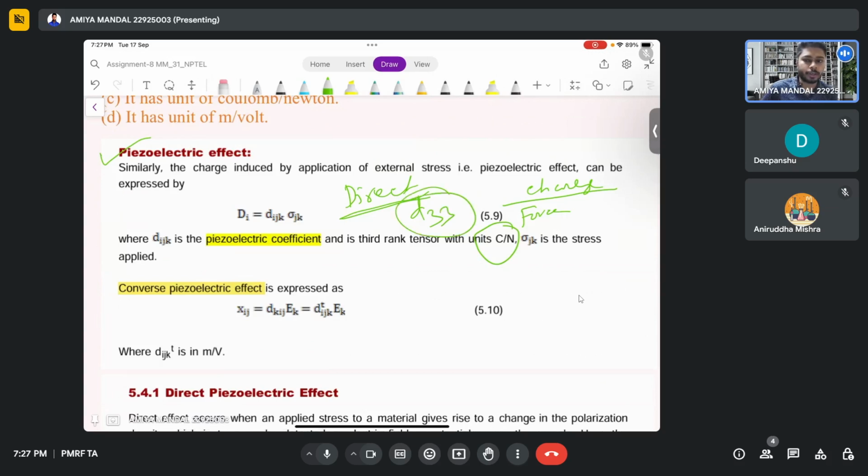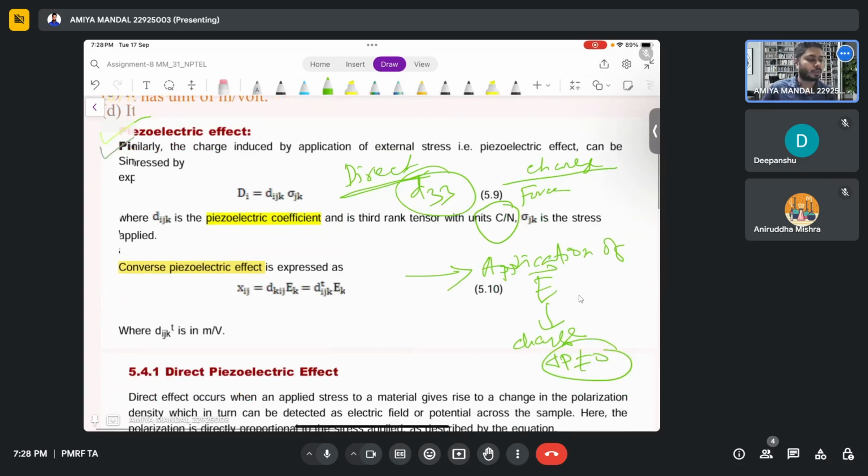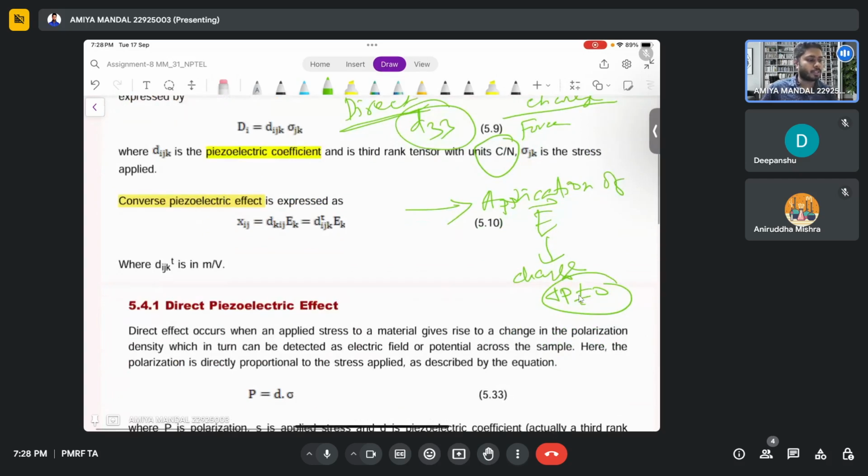The converse piezoelectric effect is nothing but application of an electric field generating polarization. So that's the difference.